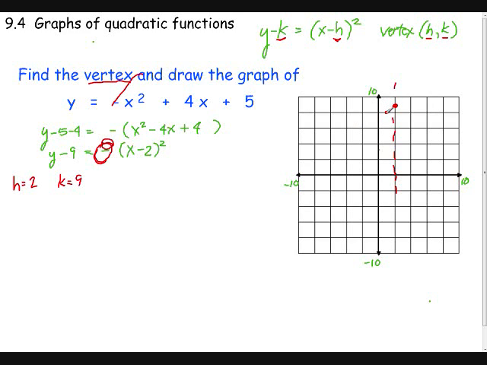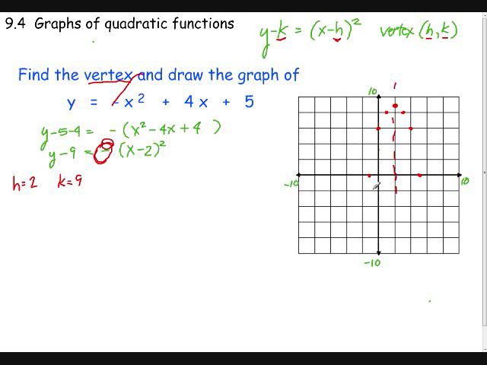So I'm going to go over 1, down 1, over 2, down 4, over 3, down 9, over 4, that would be down 16, wouldn't it?